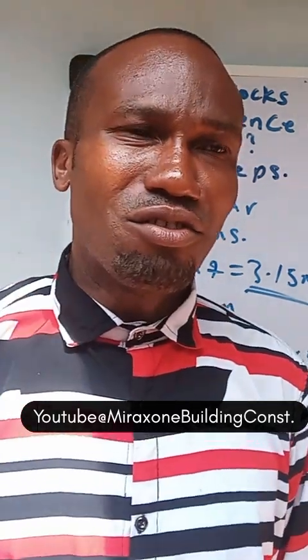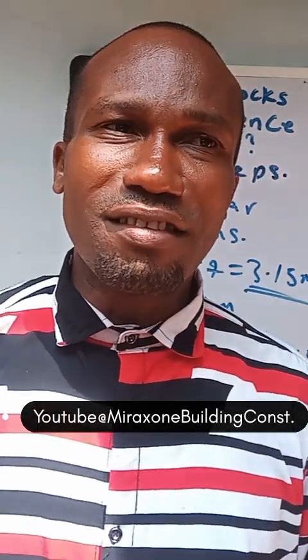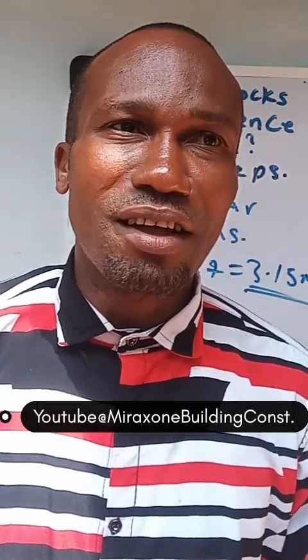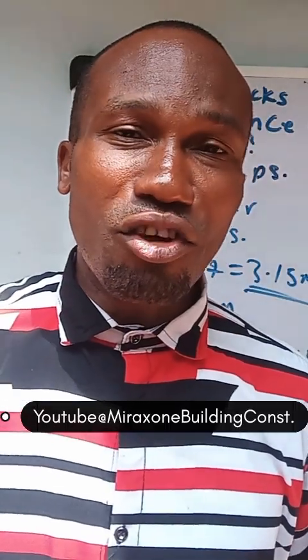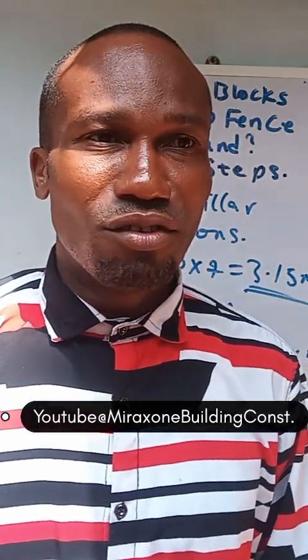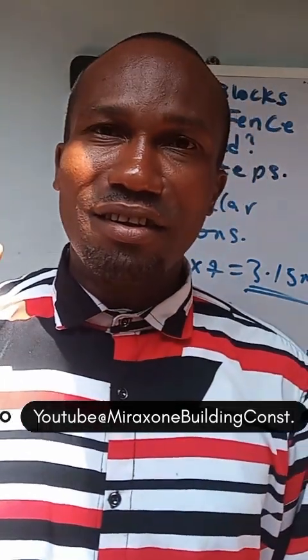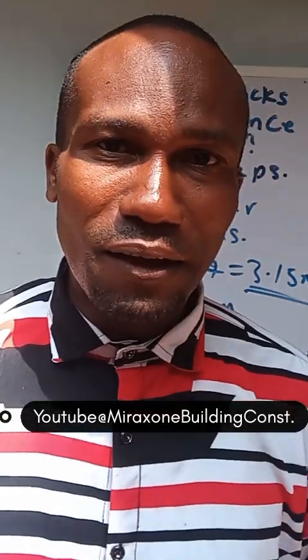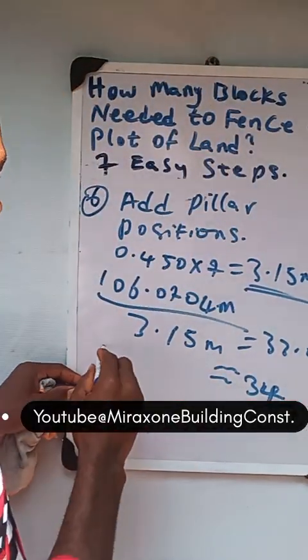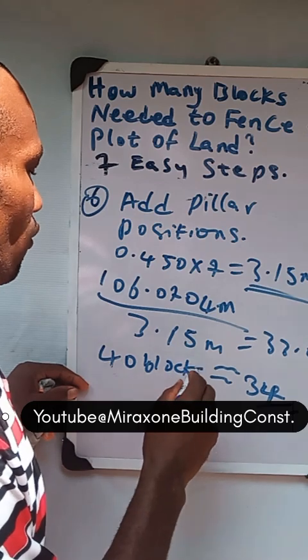Also when you calculate the quantity of blocks starting from the foundation of that block pillar to the top of the fence, each block pillar is equivalent to 40 blocks.